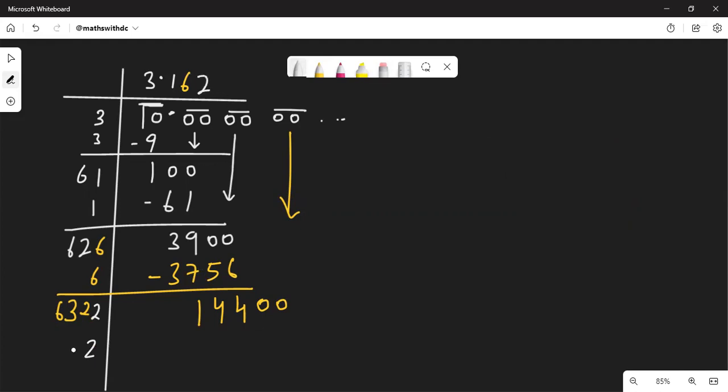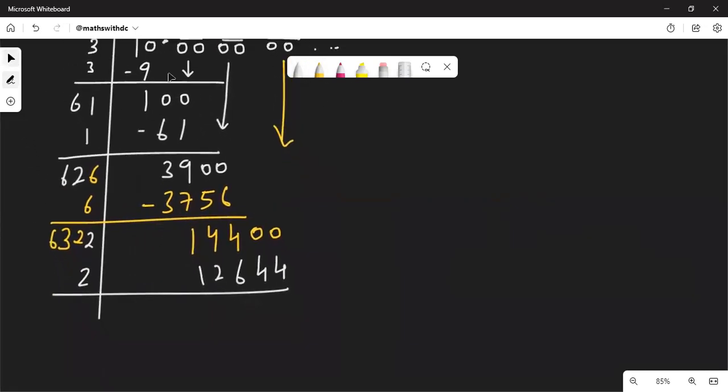Now 2 times 2 is 4, 2 times 2 is 4 again, 3 times 2 is 6, 6 times 2 is 12. Now let's subtract it again. 13 minus 6 is 7, and 1.